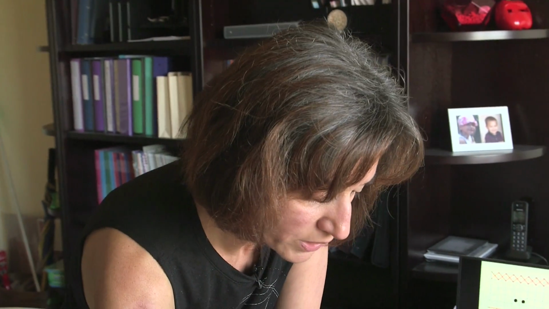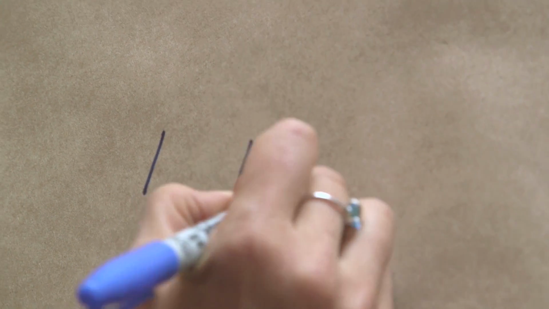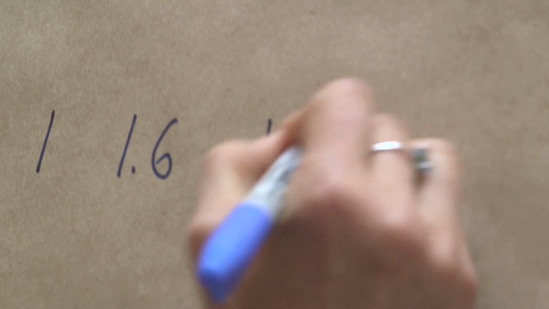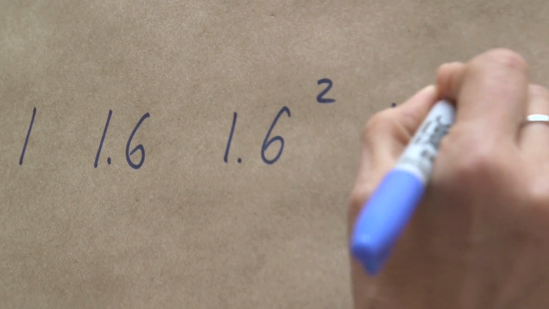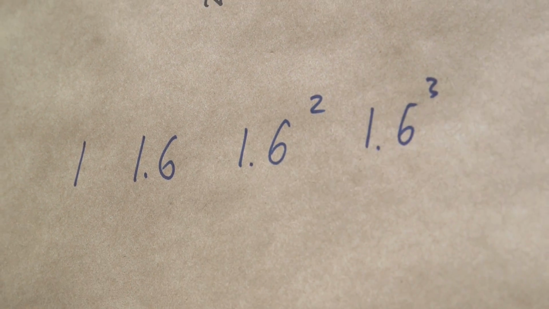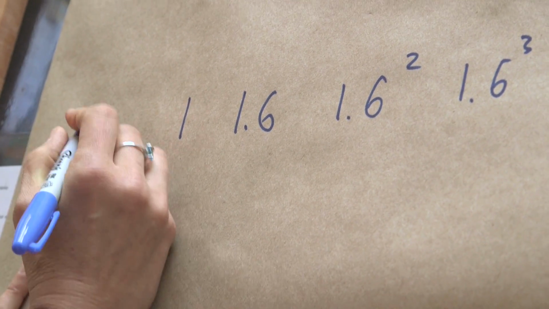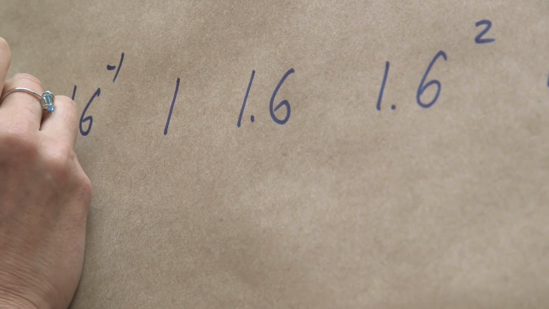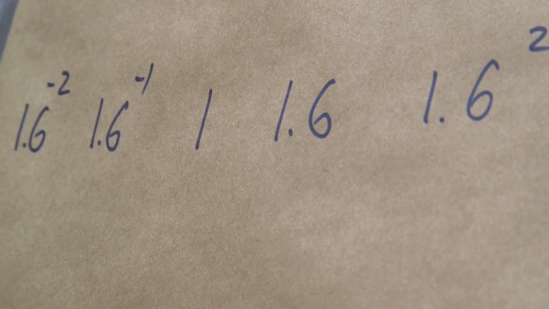So if I use the golden ratio, I will have something that looks like this. 1 in one cell, 1.6 or approximately 1.6, 1.6 squared, 1.6 cubed, and this will keep going and going and going. On this side, I'm going to have probably the negative powers, so 1.6 to the minus 1, 1.6 to the minus 2, and so on.